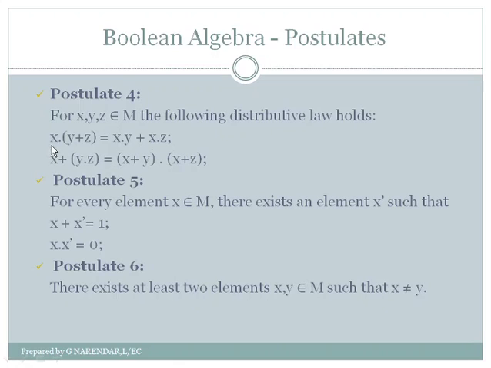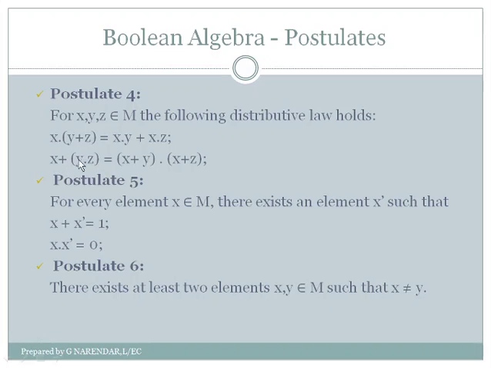And similarly, this is distribution of AND operation over OR. Similarly, the OR operation can also be distributed over AND operation. Here you can see that the AND operation is performed between the two elements y and z, and the OR operation is performed on the result and the element x.